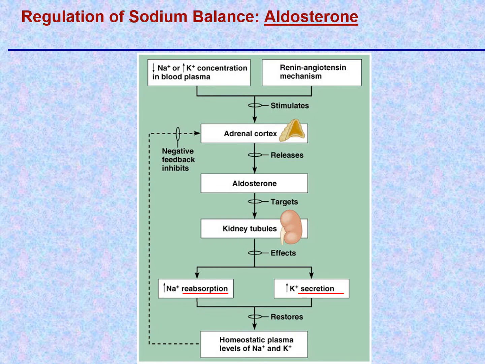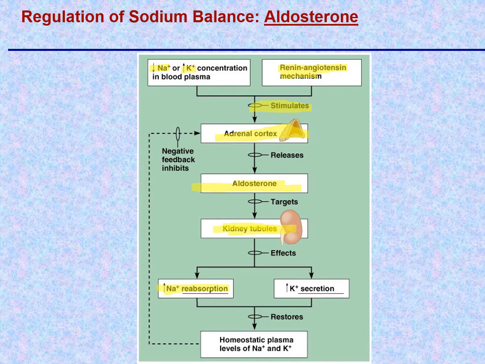Here you see the flow chart for effects of aldosterone. So a low sodium in the blood plasma or a high potassium will trigger release of aldosterone. Also, of course, the renin-angiotensin mechanism will trigger release of aldosterone. There's stimulation of aldosterone release from the adrenal cortex. So it releases the aldosterone, and that acts on the renal tubules, the collecting duct, and will increase sodium reabsorption.